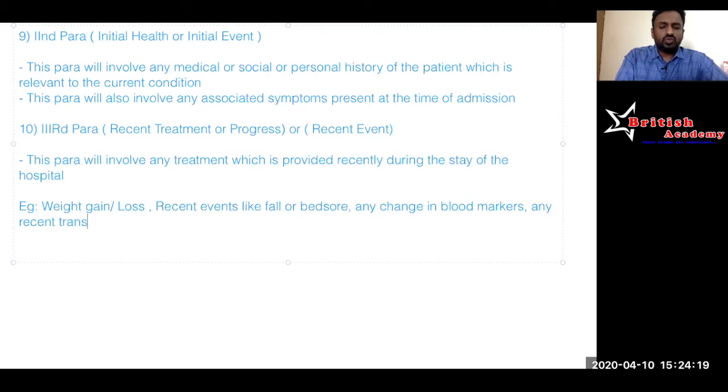In many case notes, you would see the patient underwent a surgery, and then later you can see the patient's HB drop. You have transfused 3 packs of RBC, 4 packs of RBCs. So any recent transfusions like blood or platelets or cryo. Anything as such you have done for the patient, all that information will come in your third paragraph. Now, I'm still telling you, keep the structure in your mind.